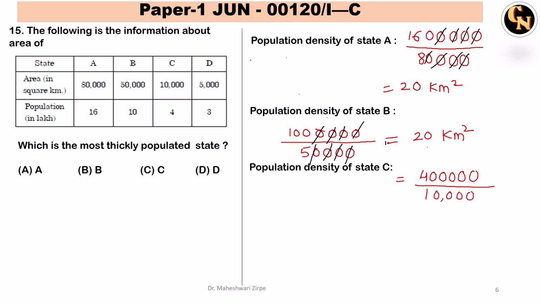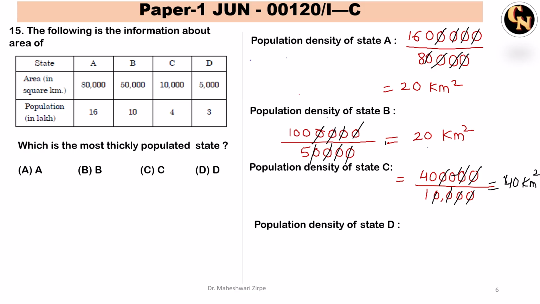So let us cut the zeros. Now if you cut the zeros, you will find that it comes out to be how much? 40. It comes out to be 40 square kilometer.